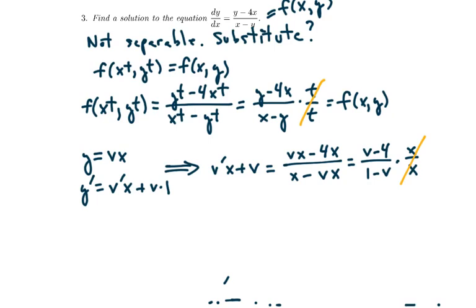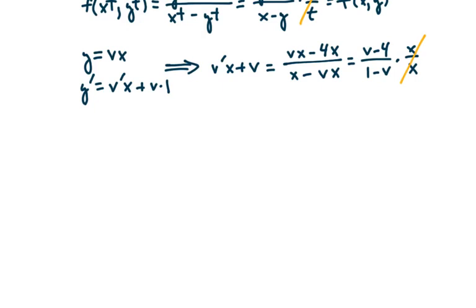And now I want to figure out, okay, this is supposed to be separable. So let me start manipulating here. First step, I'm going to get v prime alone. So I'm going to have v prime x equals v minus 4 over 1 minus v, and that is this v that I subtracted over to the right-hand side. I'm going to combine these terms and simplify.